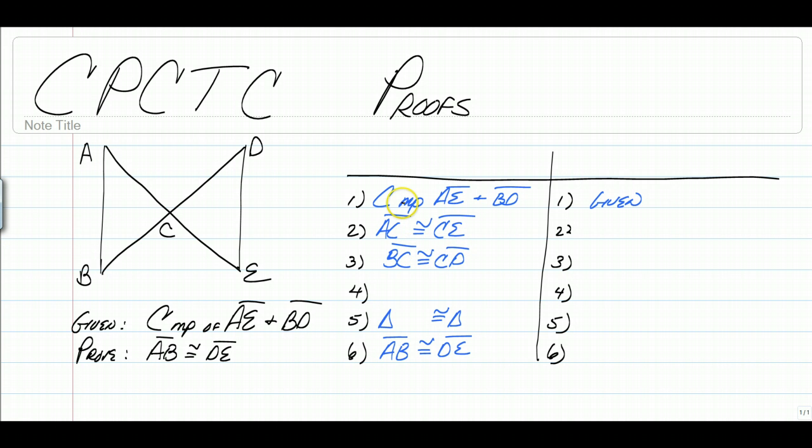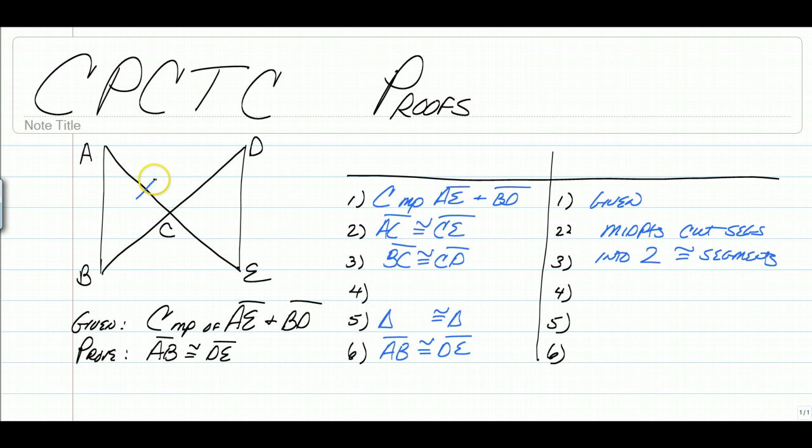And we know that because midpoints cut segments in half or into 2 congruent segments. Well, this midpoint C is the midpoint of 2 different segments, so it's going to create 2 new sets of congruent segments. Okay, so the reason for both 2 and 3 would be midpoints cut segments into 2 congruent segments.